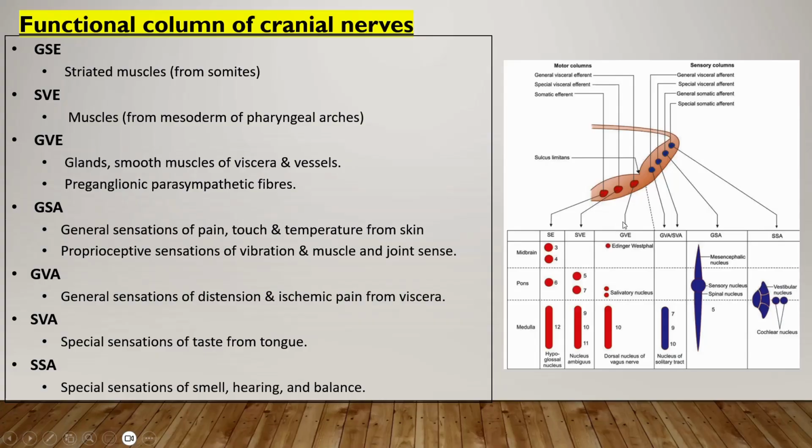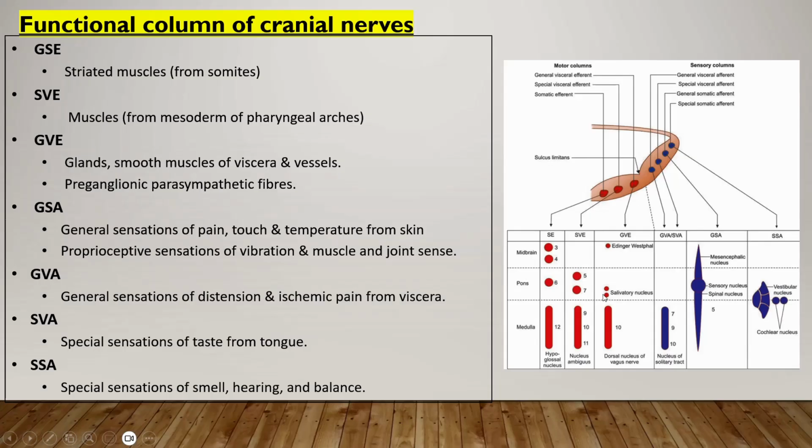Then general visceral efferent. General visceral efferent means that it is going to supply the glands, smooth muscle of viscera and vessels, and preganglionic parasympathetic fibers. So the Edinger-Westphal nucleus is concerned with the ciliary ganglion.